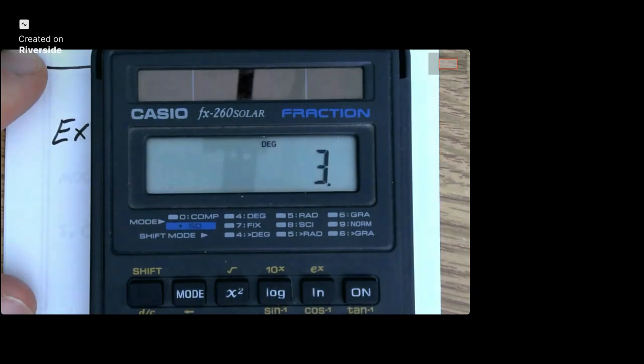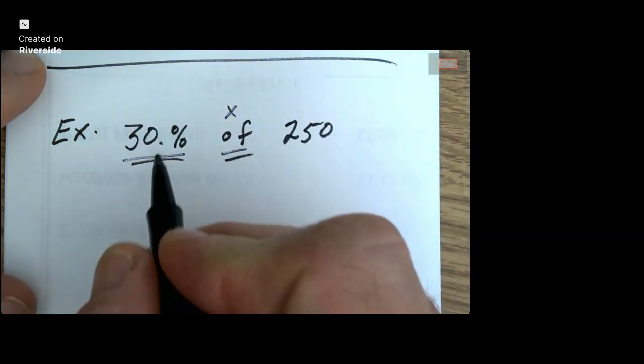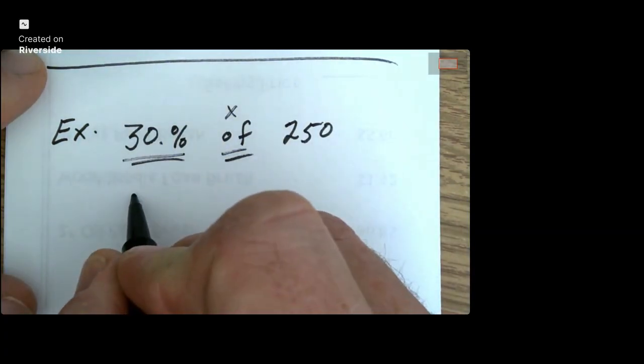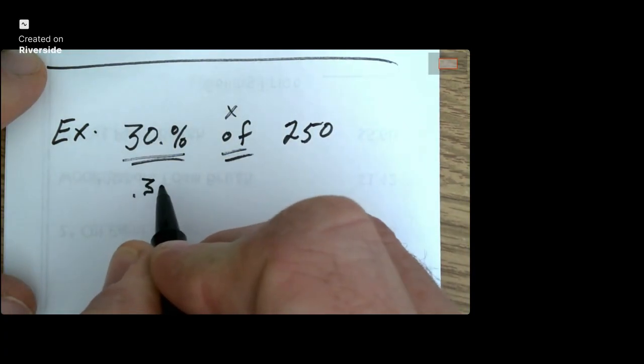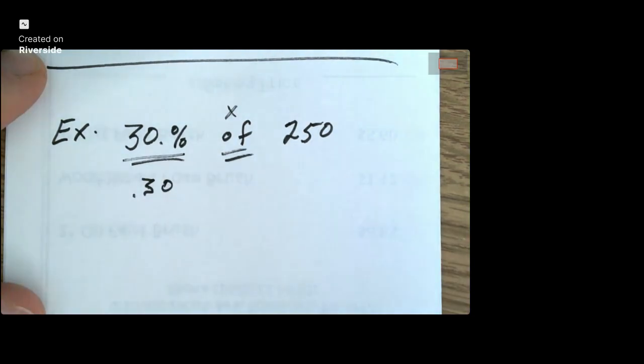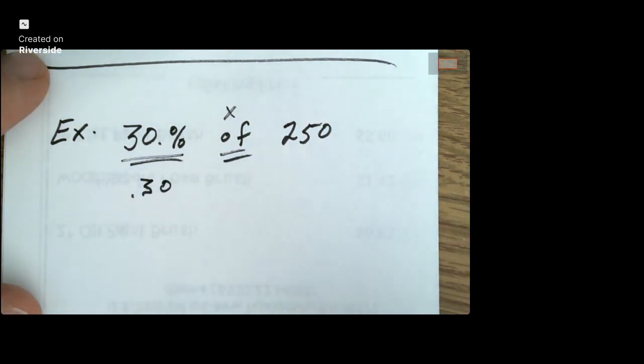Let's check it out. The number 30 divided by 100 is the same thing as moving the decimal point 2 spots to the left. So once, twice, that's going to give us the number 0.3, or you could call it 0.30, same thing. We could shave that last zero off and call it 0.3.